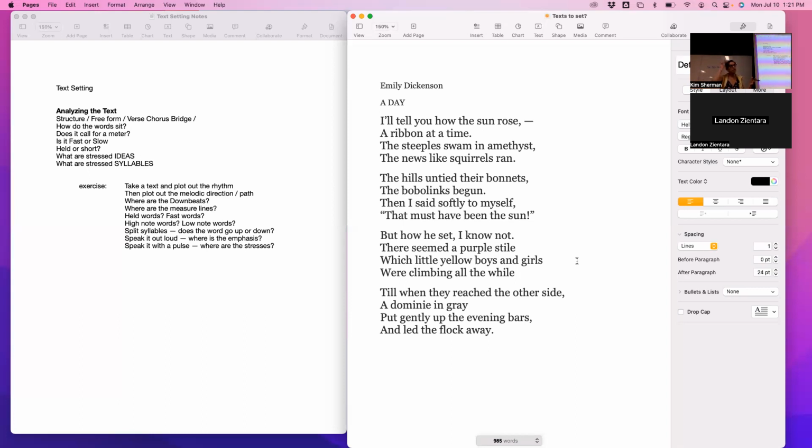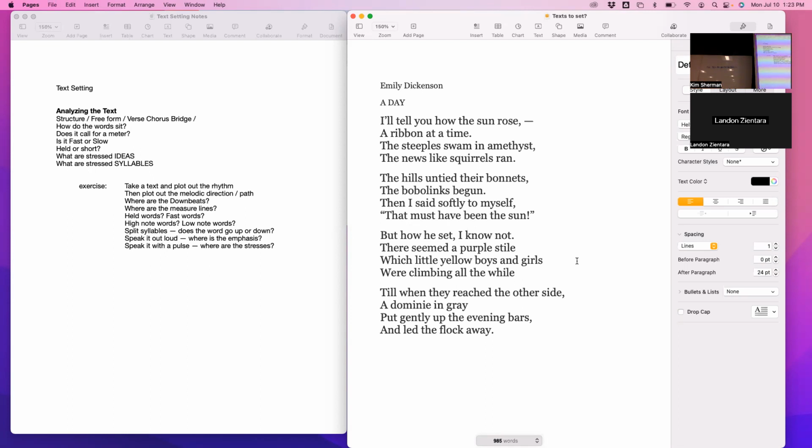So rose is describing, but it's not the emphasis: I'll tell you how the sun rose. Unless she just said set. But she's describing a day, so the beginning of the day, the sun rose. All right, so what do you think the downbeat or downbeats might be?